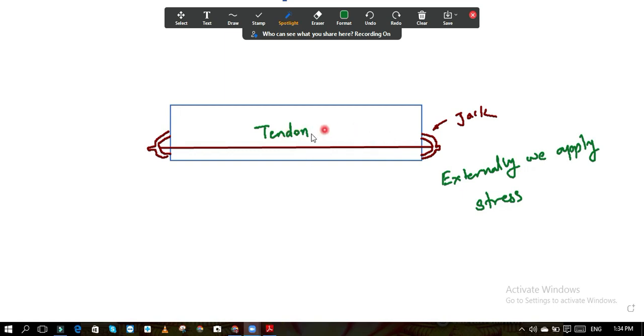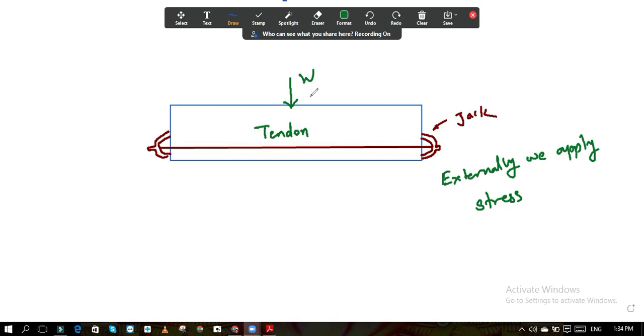These stresses, called pre-stress, are very helpful to counteract the stresses which are developed due to load.